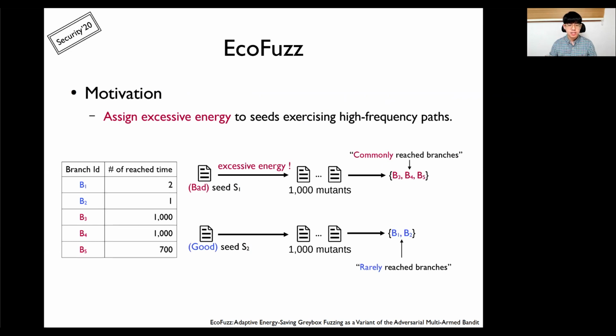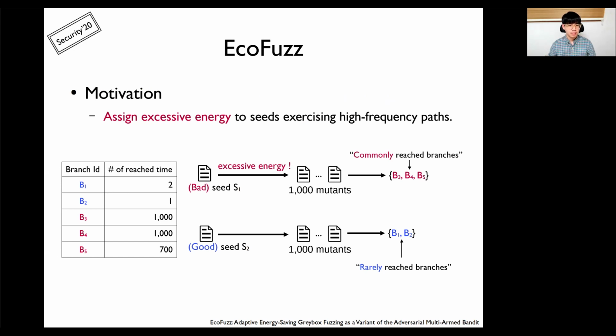In this situation, suppose that thousands of mutants generated from seed S1 covered only branches B3, B4, B5. That is, the mutants of the seed S1 covered only frequently reached branches. So it would be better to allocate less energy to bad seeds such as S1.